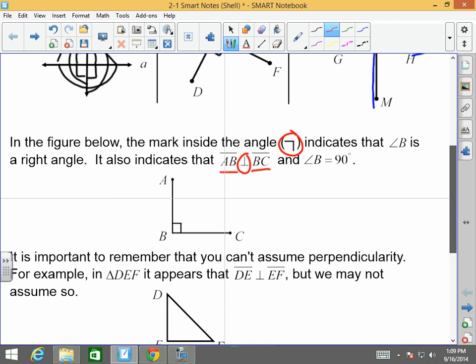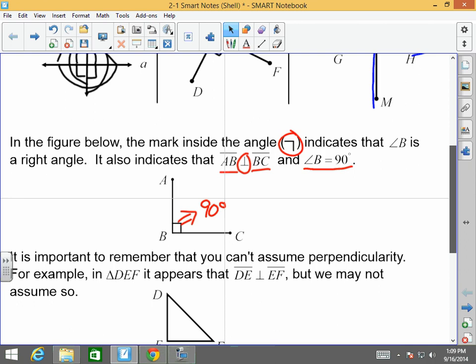I can also prove that angle ABC, or angle B, is 90 degrees. But you have to be able to prove it. You cannot just look at two segments that intersect and say, oh, they're 90, even if they look 90.